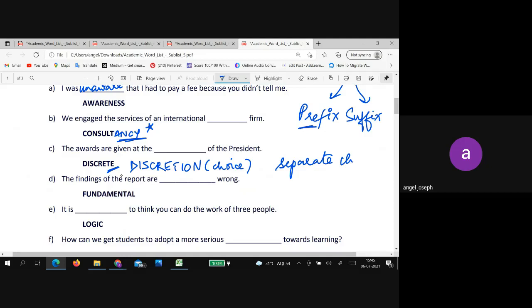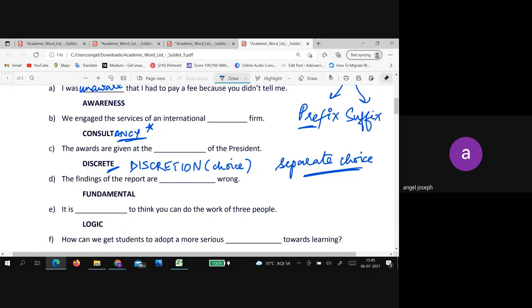A separate choice, a choice made by the president himself. Was anyone else involved in this? No. It is an individual choice of the president. So discrete basically means separate. Discretion means a separate choice or a choice. So please make a note of it, just like I have told you. Okay, look at the next one.